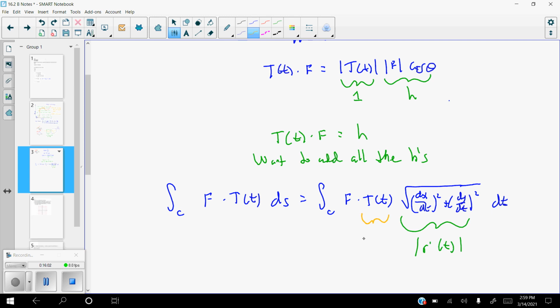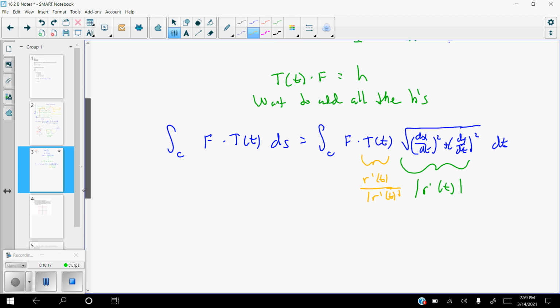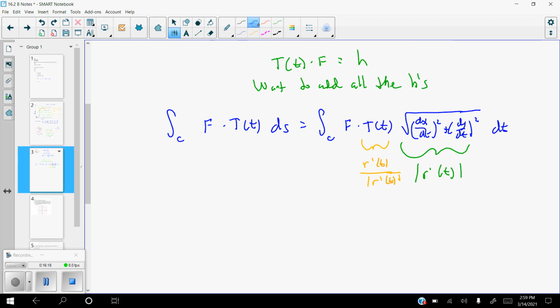And the unit tangent vector is defined to be r prime of t over the magnitude of r prime of t. If we are multiplying these two things together algebraically, we should see that those magnitudes are going to cancel themselves out. I'll write it out in one more step, but hopefully that should be something you can see.